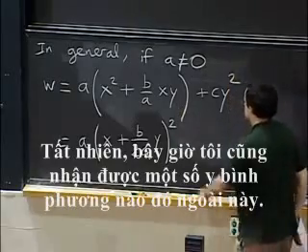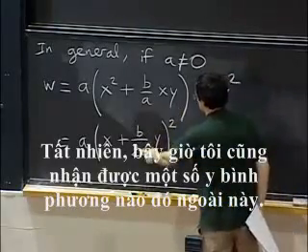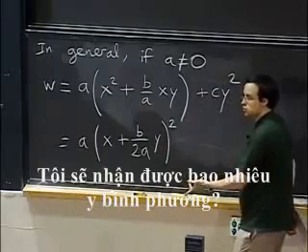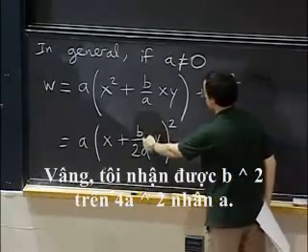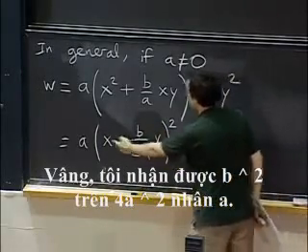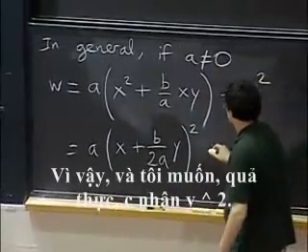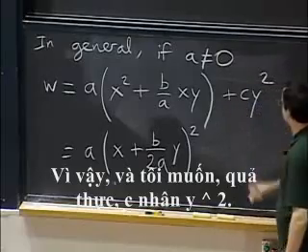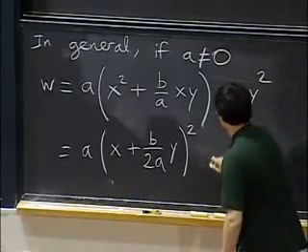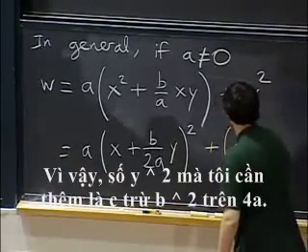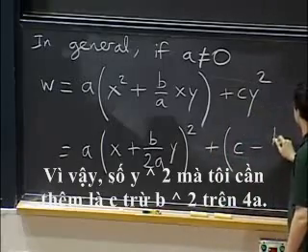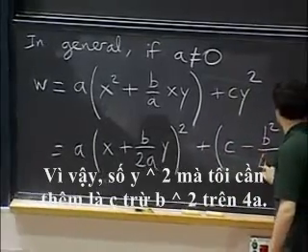Of course, now I also get some y squares out of this. How many y squares do I get? Well, I get b squared over 4a squared times a, so I get b squared over 4a y squared. And I want, in fact, c times y squared. So the number of y squared that I should add is c minus b squared over 4a.